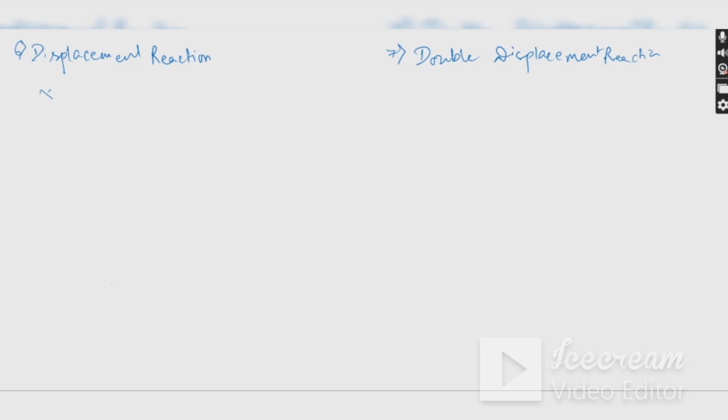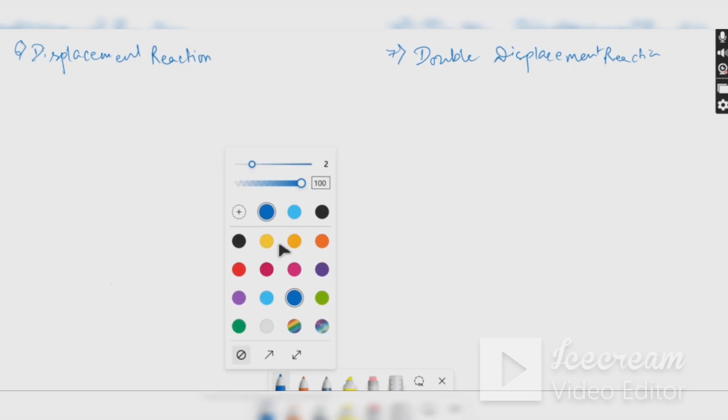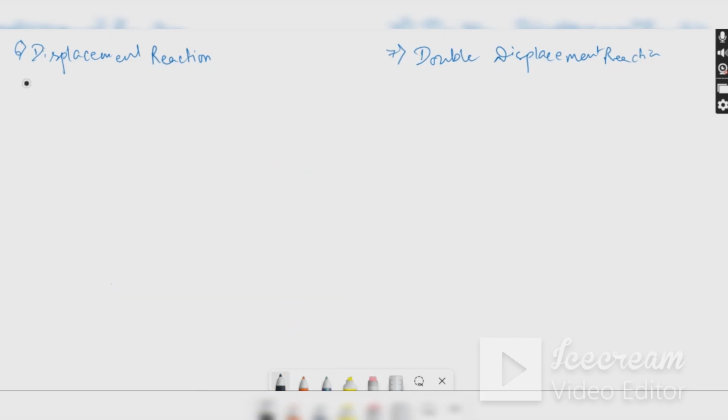If I have something like AX plus B, this will get changed to A plus BX. That is displacement reaction, right?